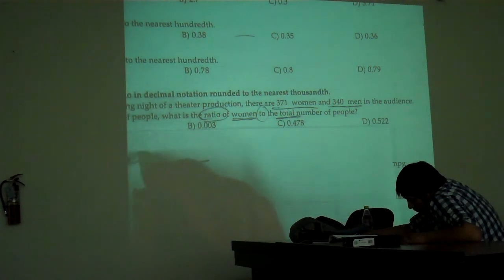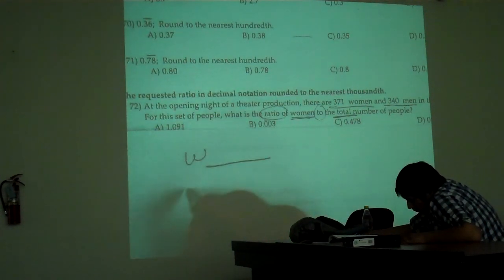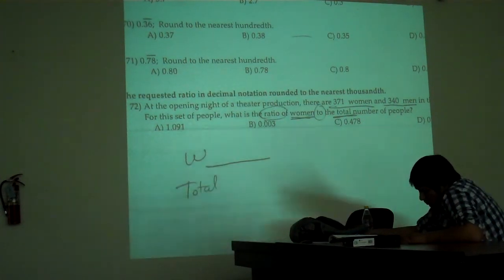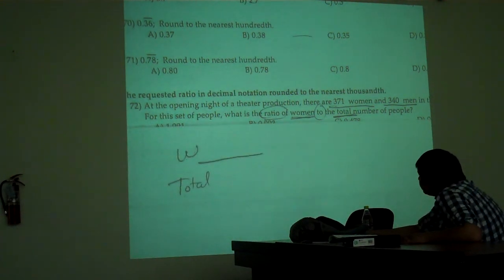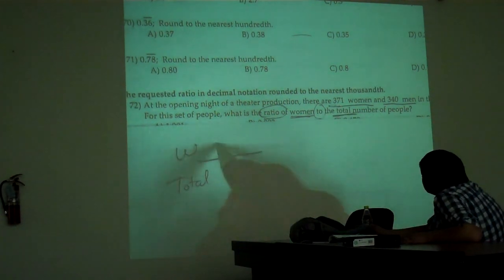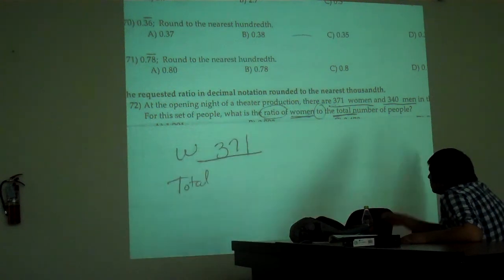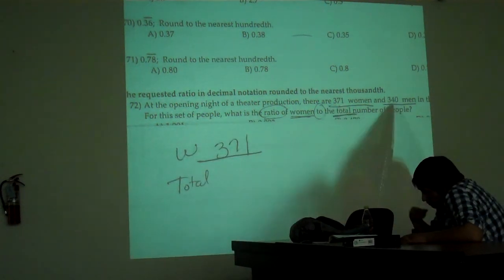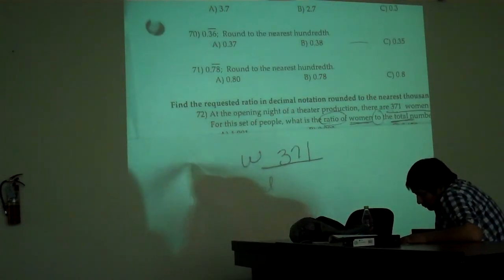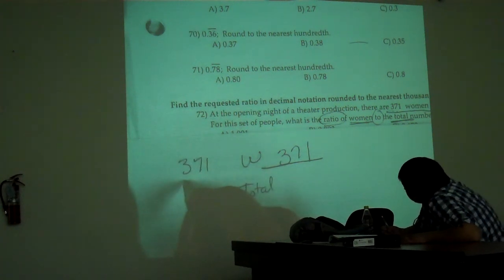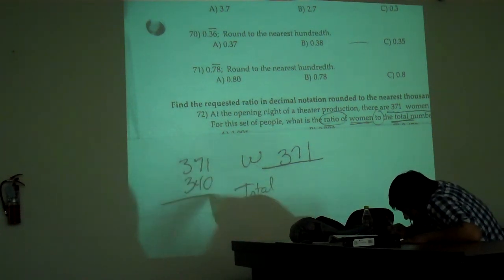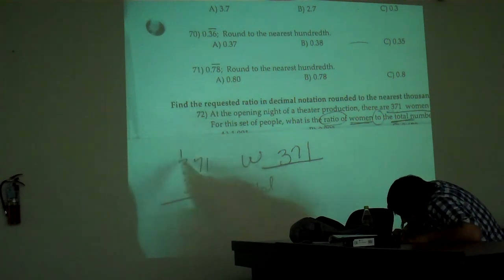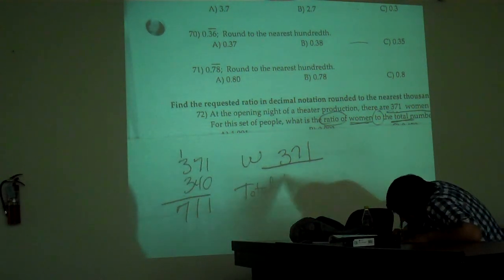You're going to have women to the total. How many women were there? 371. How many total? We need to add it, right? 371 plus 340. 711.